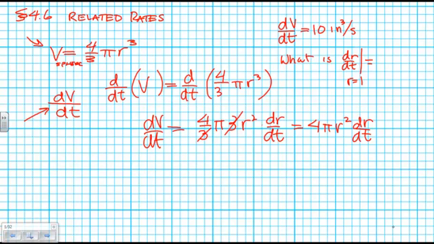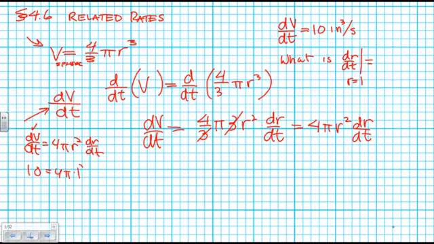All right. Well, let's plug in what we know. We know that dV/dt is equal to 4 pi r squared dr/dt. Do we know what dV/dt is? 10. 4 pi is 4 pi. Do we know what r is? I'm interested in what is dr/dt when r is 1.